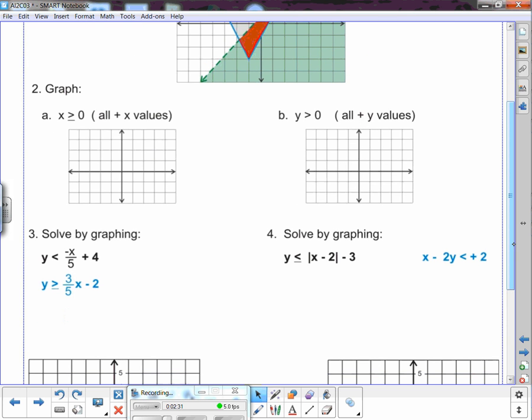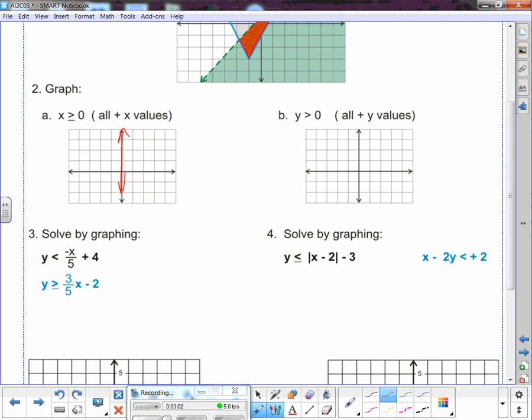All right, so let me refresh your memory on a couple things that tend to get students a little backwards. Look at A there, x greater than or equal to 0. This is anything that's going to yield an x value greater than or equal to 0. So this would be a solid line along the y-axis, because what's the x-coordinate of every point on that line?